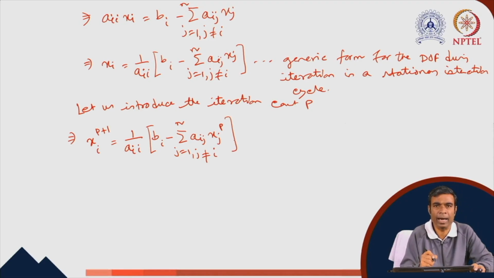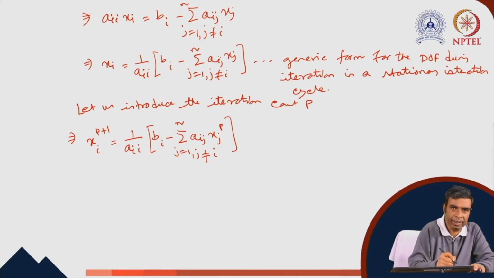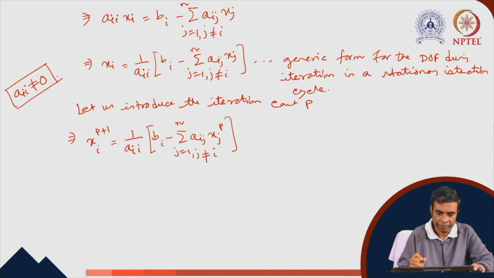We can divide by the diagonal term only when the diagonal term is non-zero. It means that it is compulsory that Aii must be non-zero. And then when we use this kind of a relation, we say that we are dealing with the Jacobi method.